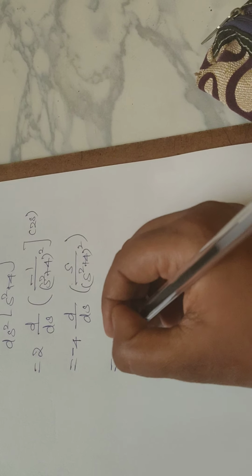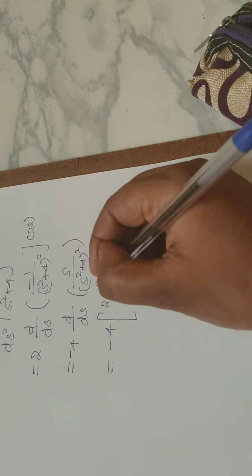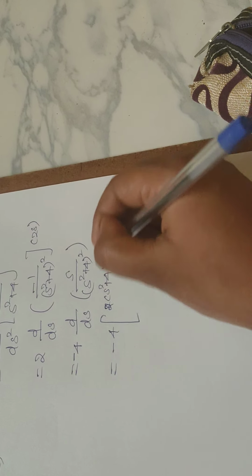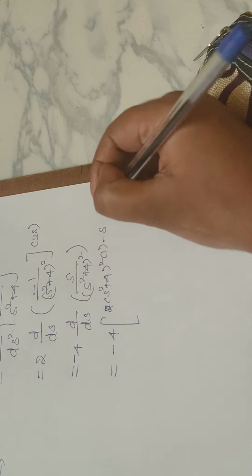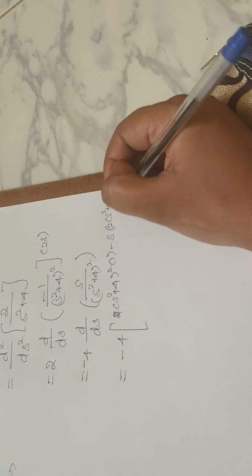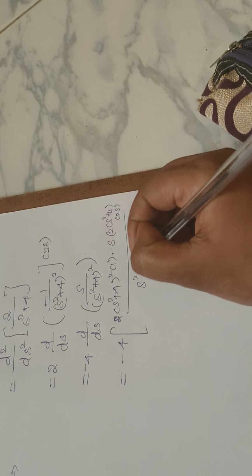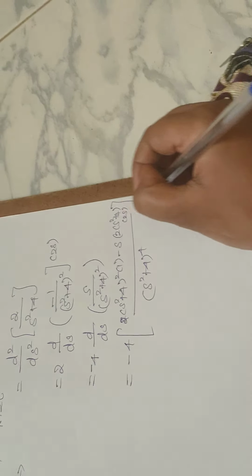So this equals minus 4 into s square plus 4 whole square into 1 minus s into 2 into s square plus 4 into 2s, divided by s square plus 4 whole power 4.